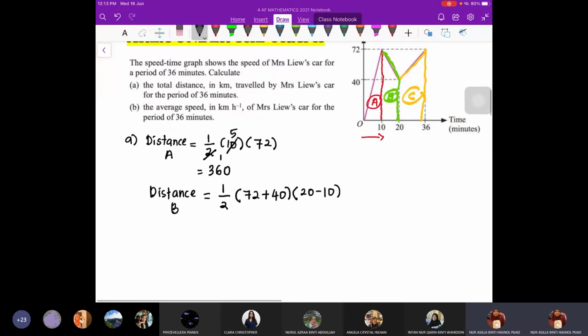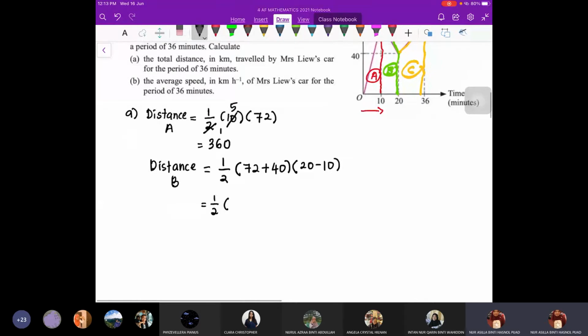Okay. So jadi 1/2 times 112 times 10. Betul. Okay. So you divide by 2. So 112 times 5 give you 560.